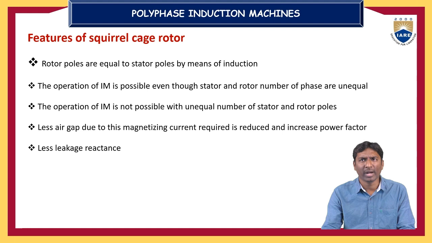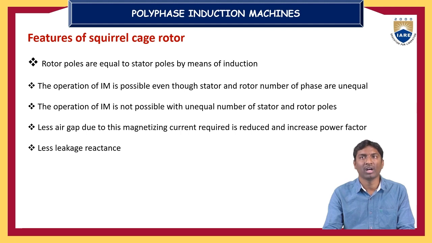The operation of an induction motor is possible even though the number of phases of stator and rotor are unequal. But the operation of an induction motor is not possible with an unequal number of stator and rotor poles. That's why the rotor poles are equal to the stator poles by means of the induction.